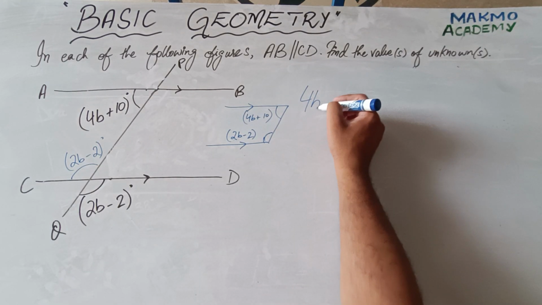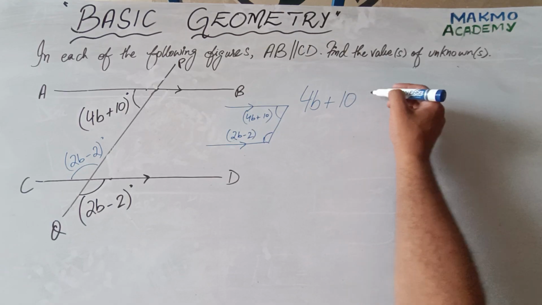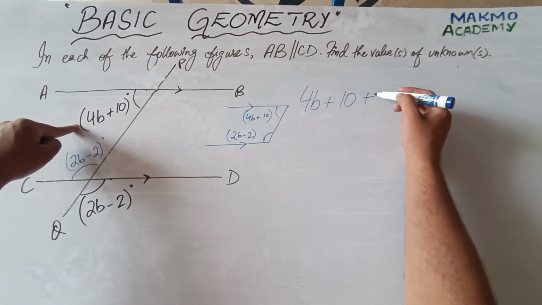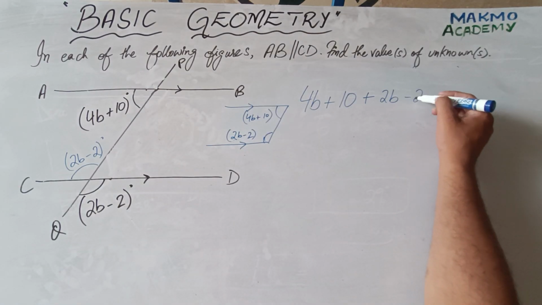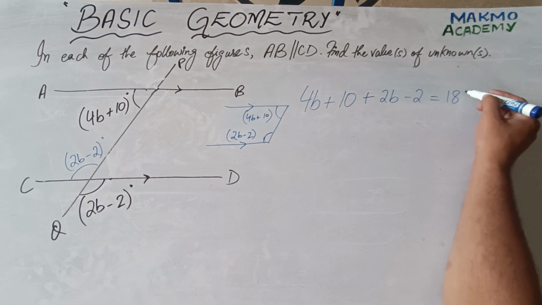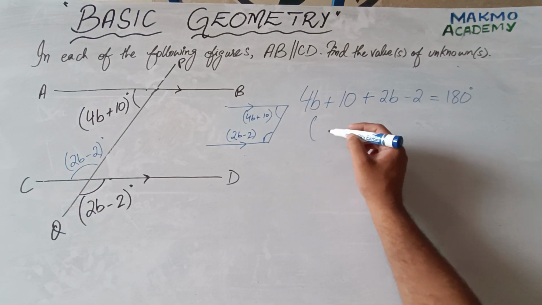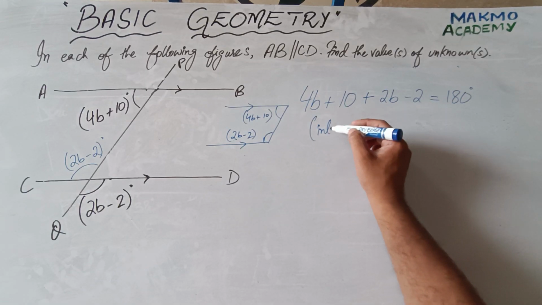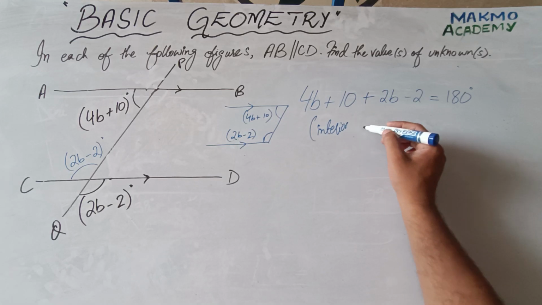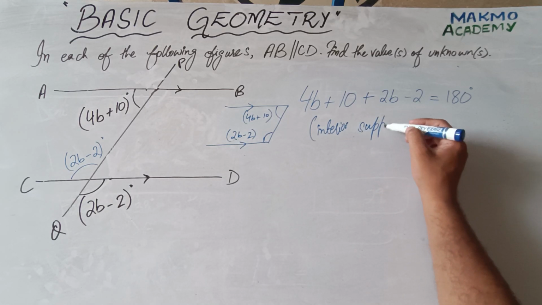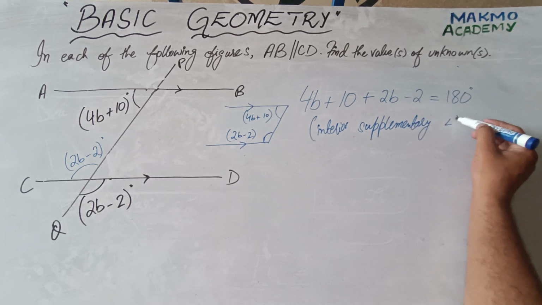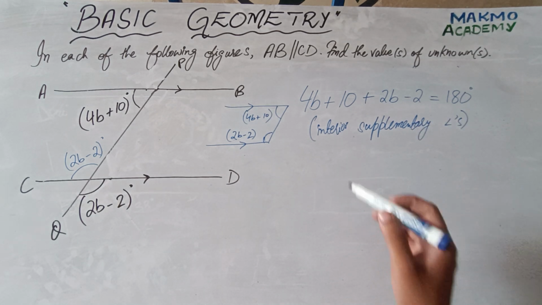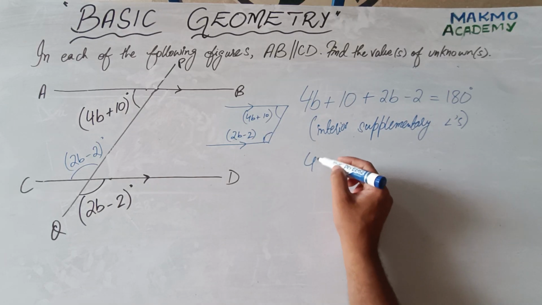So 4b plus 10 plus 2b minus 2 is equal to 180 degrees. By which property? According to interior supplementary angles. Now we need to arrange the like terms and then simplify.